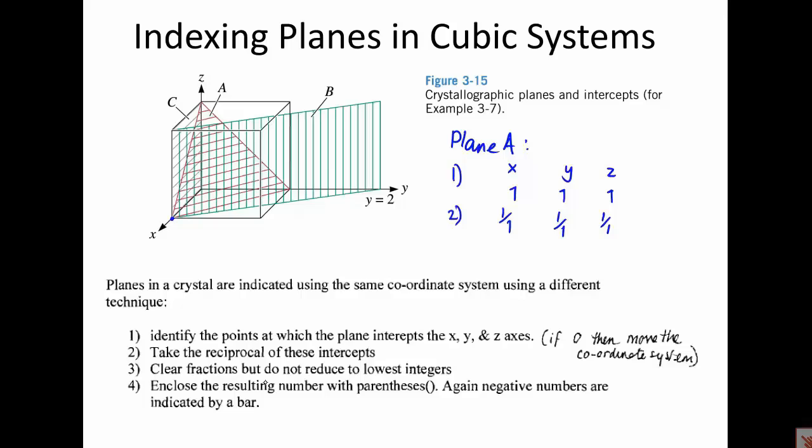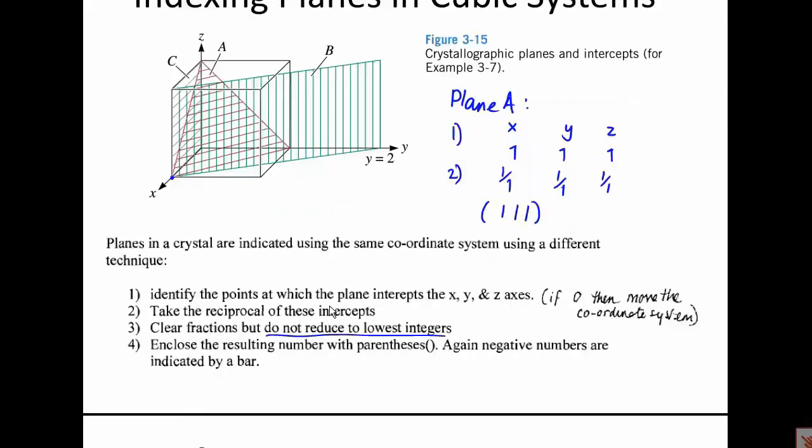We just get 1. Clear the fractions, but do not reduce to lowest integers. I'll explain what that means in some other examples. Enclose the resulting numbers with parentheses. Again, negative numbers are indicated by a bar. So (1 1 1). The red plane, plane A, has the Miller indices (1 1 1).